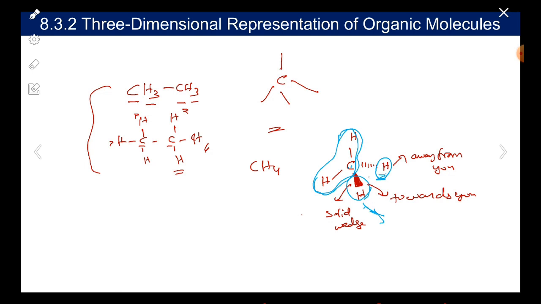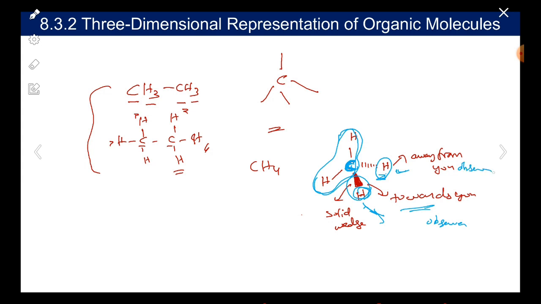Imagine you place a pencil or pen behind the screen on this carbon. That is where this hydrogen is, and this hydrogen is in front of the screen. So this hydrogen is called towards the observer, and this one is away from the observer.